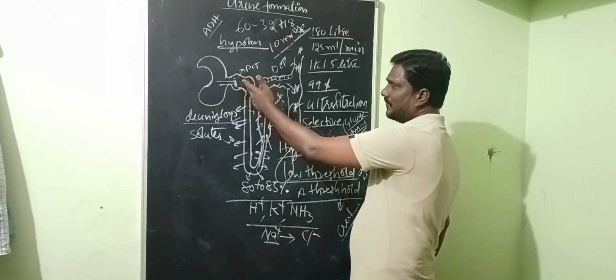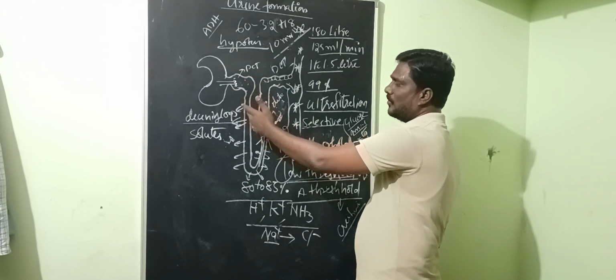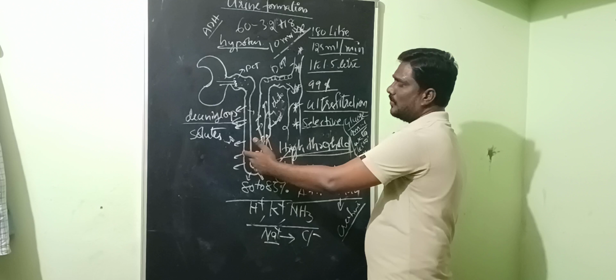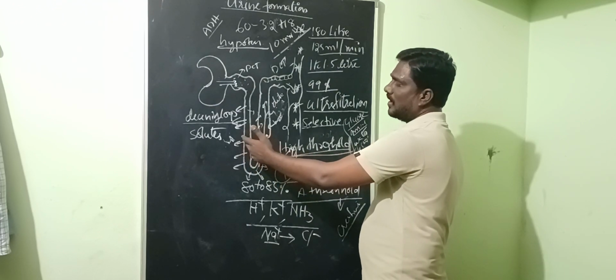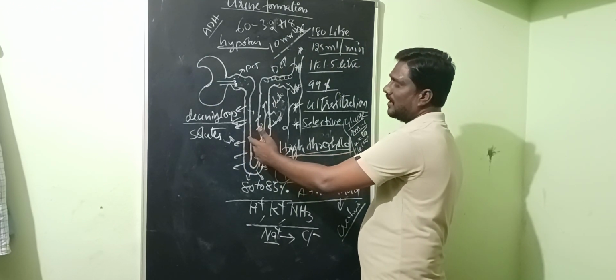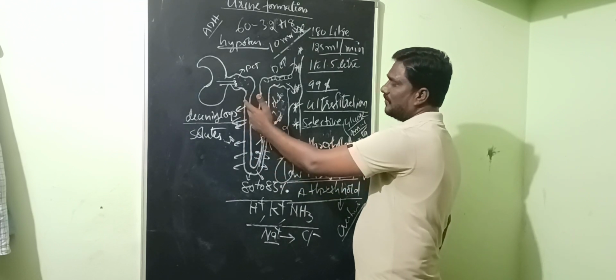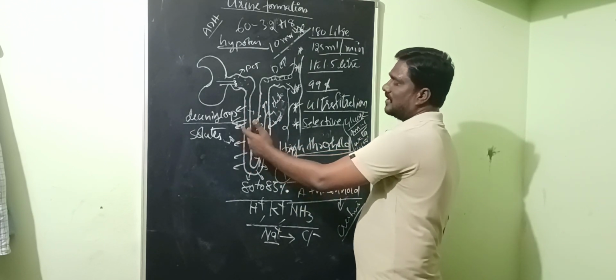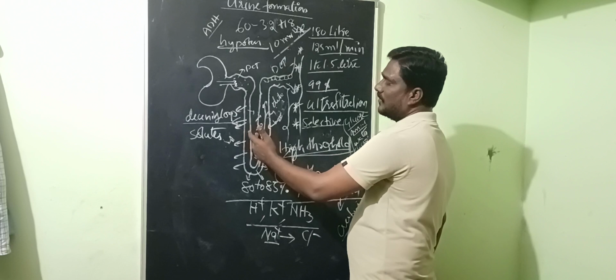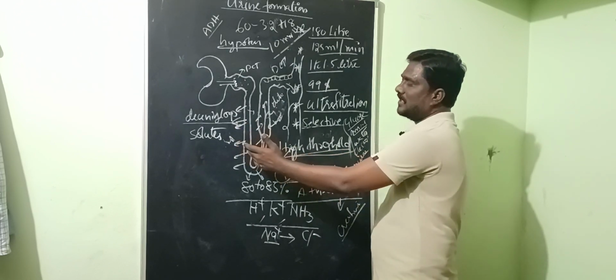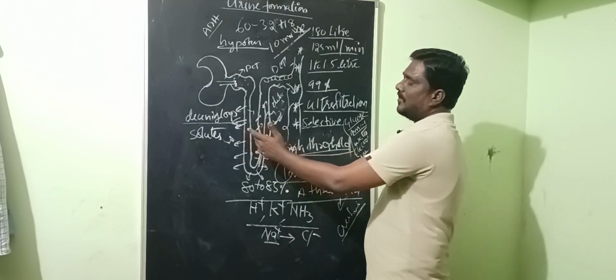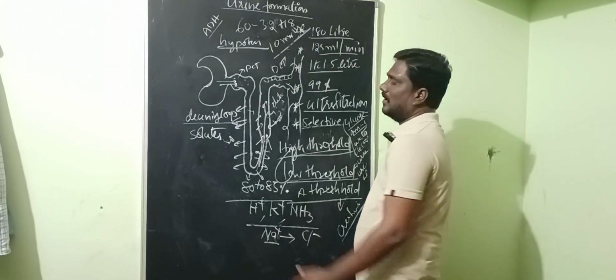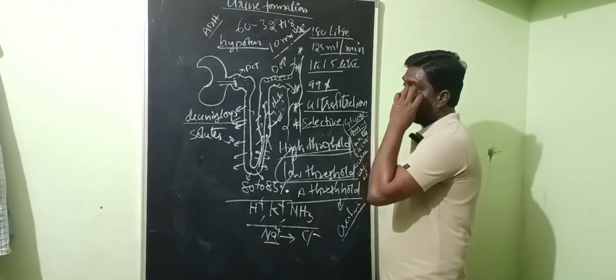After reabsorption, the filtrate moves towards the descending loop. This descending loop is permeable to water, not permeable to electrolytes. That's why this urine will concentrate, and it makes the interstitial fluid hypotonic.